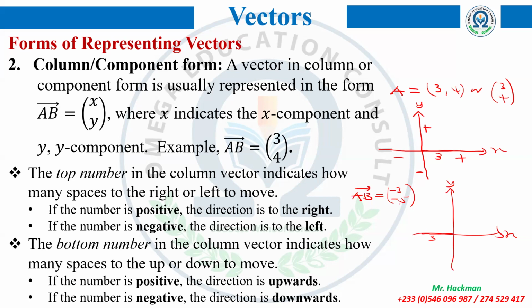Then the -5, negative means I need to come down. How many spaces? 5 spaces. So I started from here and ended here, and my vector will be this way. As simple as that.